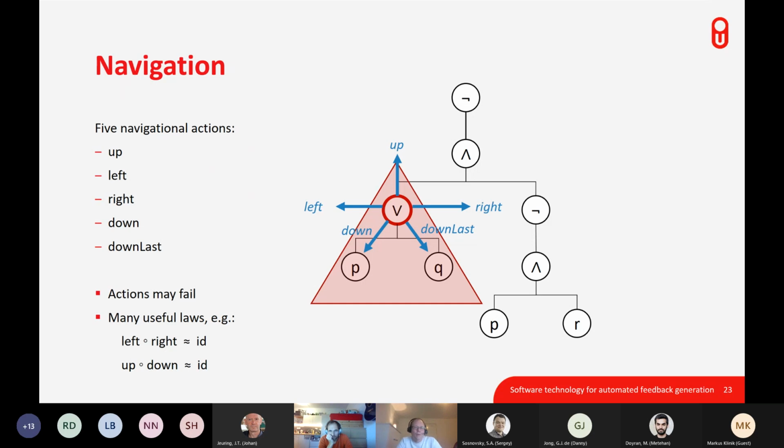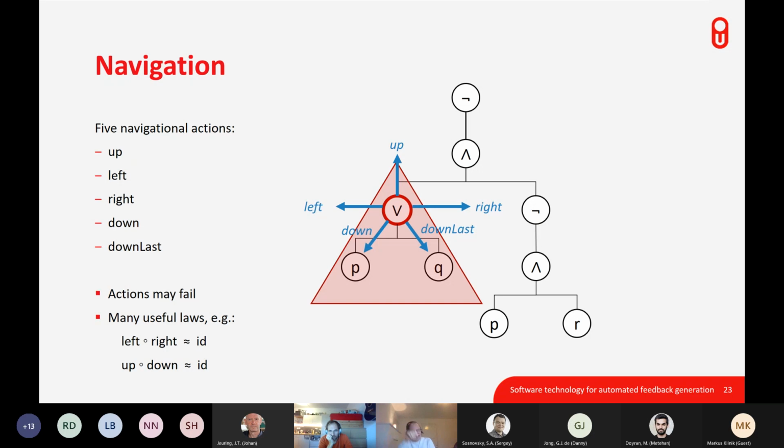These actions may fail. So depending on what your current position is, you may not be able to go up, for instance, if you're in the root. And there are all kinds of interesting rules that you can think of. For instance, if you go left and then you go back right again, this is more or less the same as the identity function.